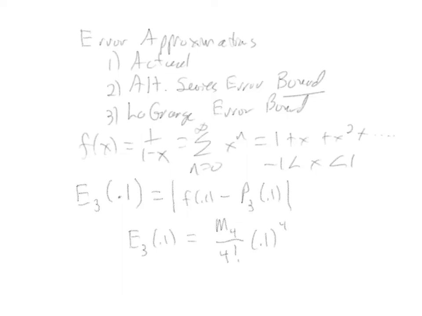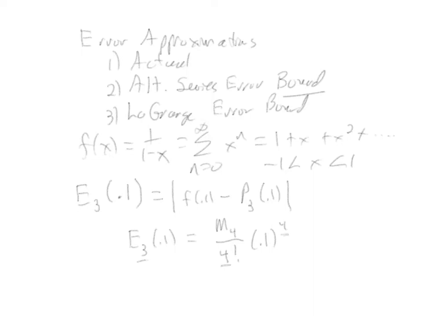Notice, for the third degree Taylor polynomial, we go to the n plus first term. I've got that written in the notes, and I'm doing this one specifically for the error after the third term.